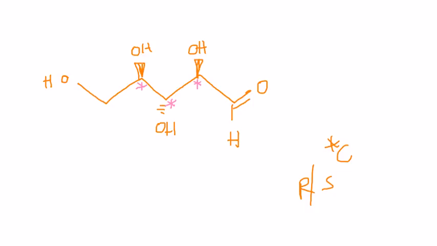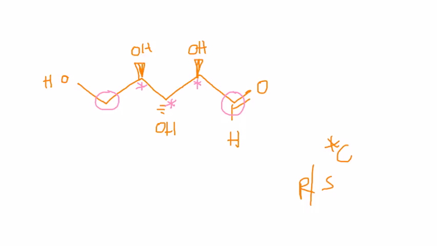Notice out of the 5 carbons, only 3 of them are marked chiral, and the reason for that is because this one has a CH2, so there are 2 hydrogens. Over here I have a C double bond, so that's an sp2 hybridized carbon atom, and that is not counted as chiral. So the ones that I have shown are my chiral centers.